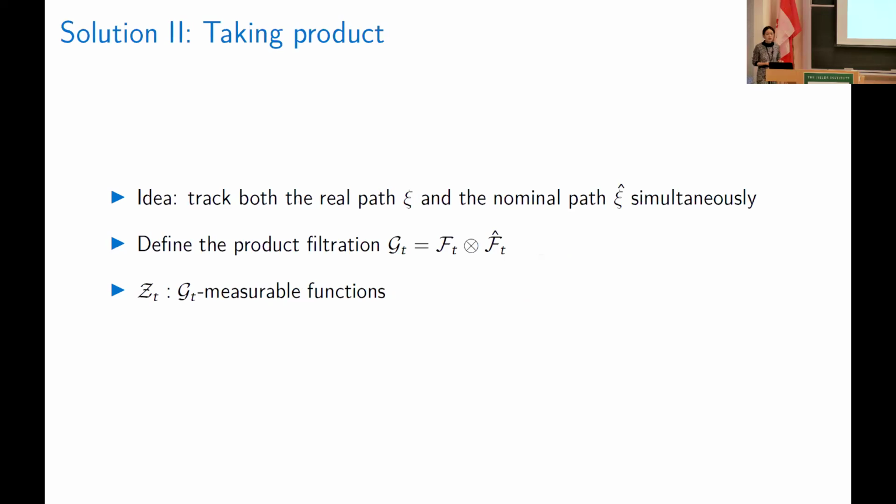So that's another issue. How should we deal with it? Well, mathematically, we should make sure that this filtration tracks both the real path xi and the nominal one, xi hat, at the same time. Then we consider the product filtration defined together with the filtration F_t and the filtration F hat. Then we allow this new definition of the dynamic risk measure on this G_t-measurable function, this Z_t here, right?